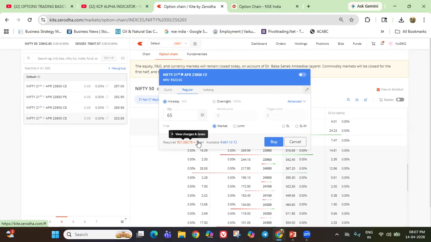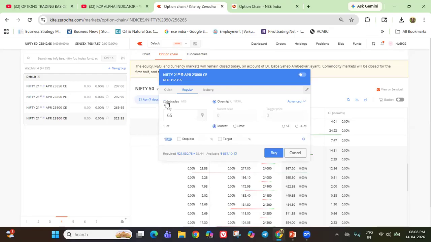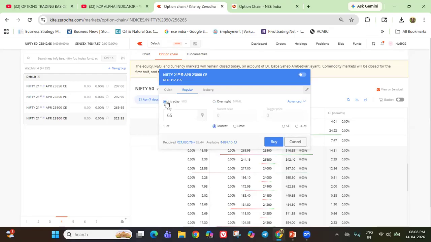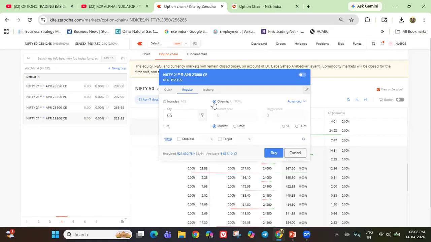You can execute orders only between 9:15 and 3:25. Whether you close it or not, in intraday it will automatically close at 3:25 p.m. So be careful when you are entering, whether you are selecting overnight or intraday. Intraday means the time period between 9:15 and 3:25. Overnight means you buy at any time between 9:15 and the whole day, and it is carried forward to the next day.